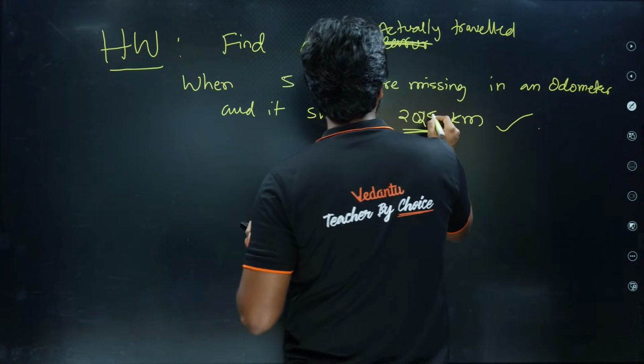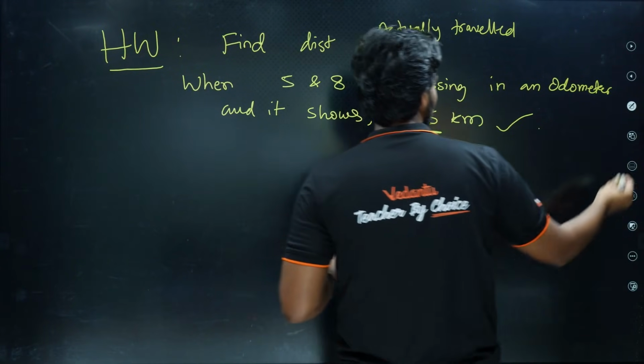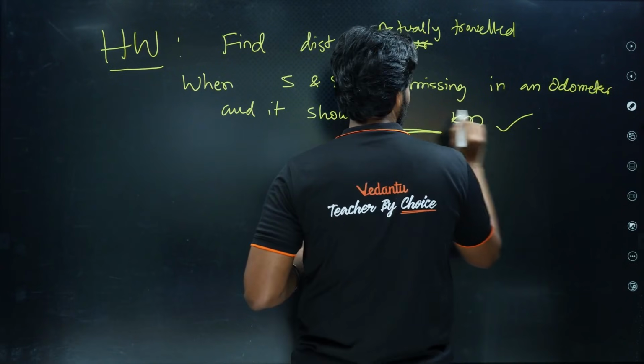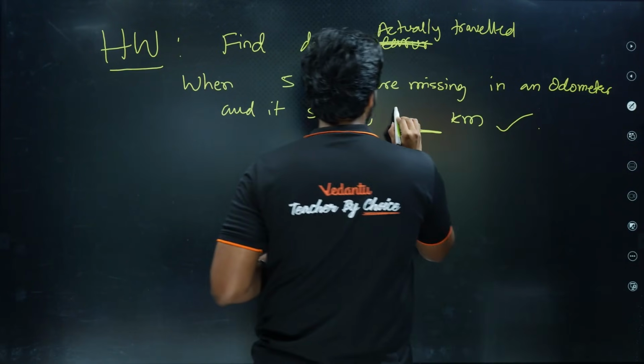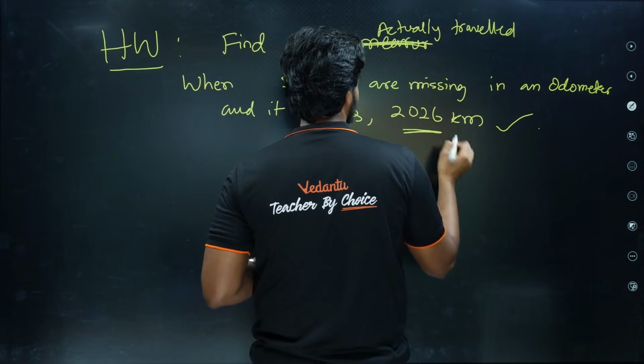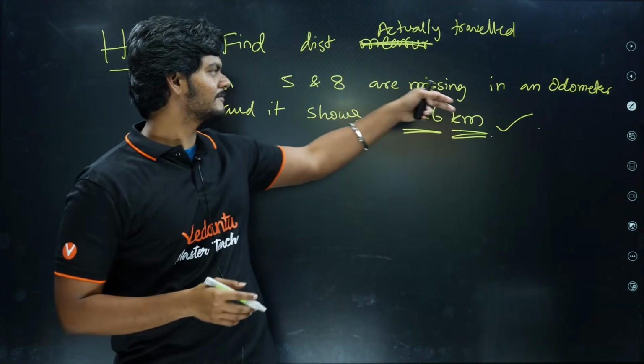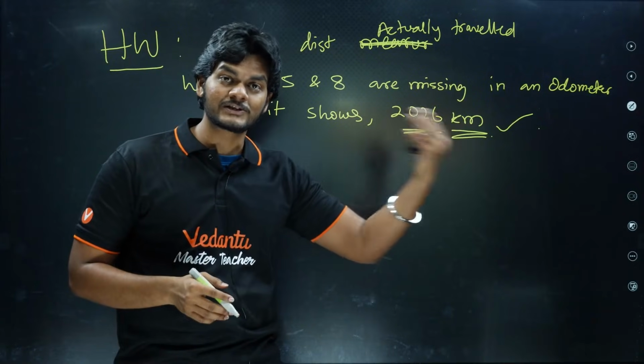Now if 5 and 8 are missing, how can it show 2025? Let me write this number clearly: 2026 kilometers. It shows 2026 kilometers and the digits 5 and 8 are missing in that odometer. So find the actual distance.